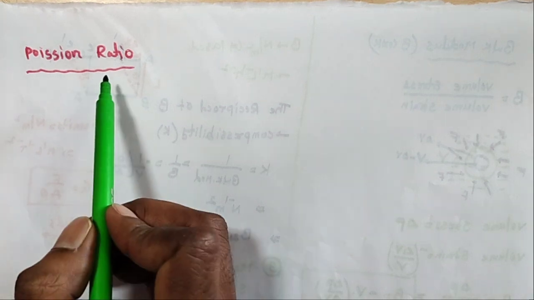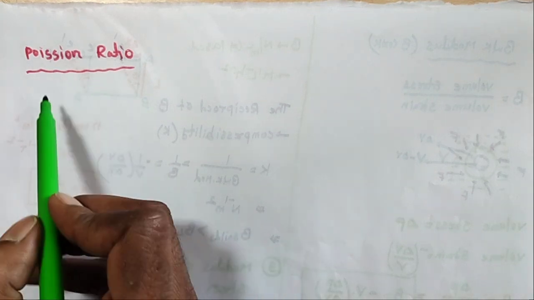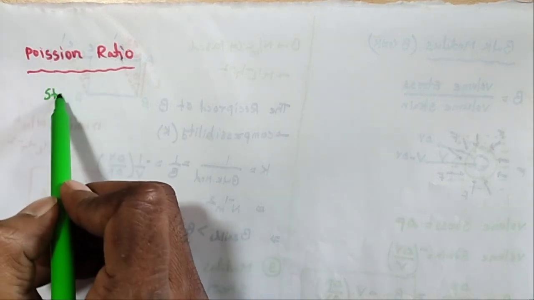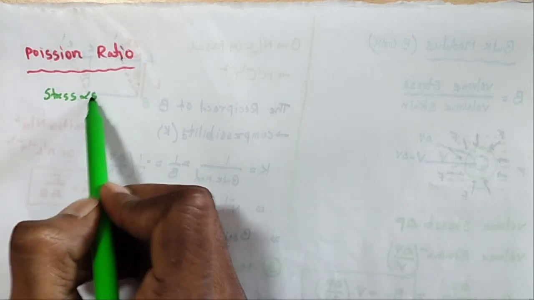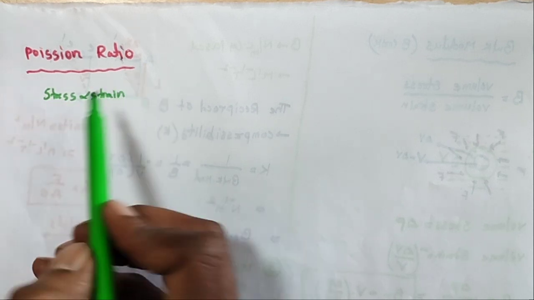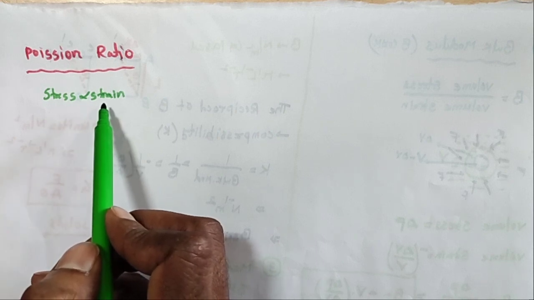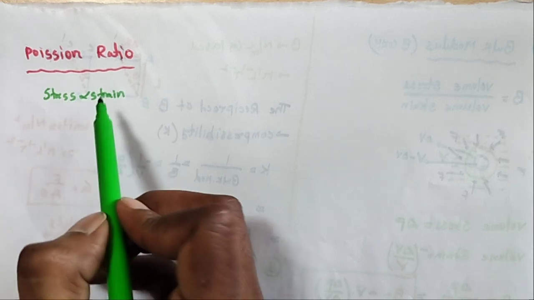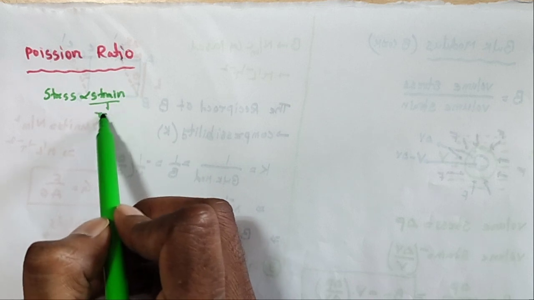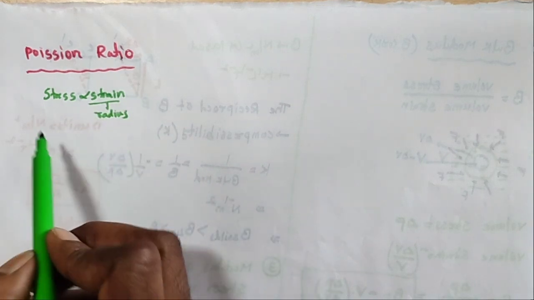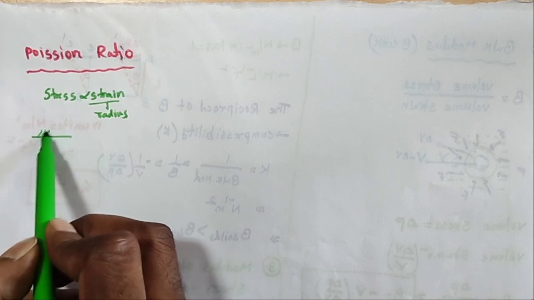Next one, Poisson's ratio. We know that according to Hooke's law, the stress is directly proportional to strain. When the stress increases, the strain is also produced in one direction. But in this strain some radius will change. Here I am taking one example.